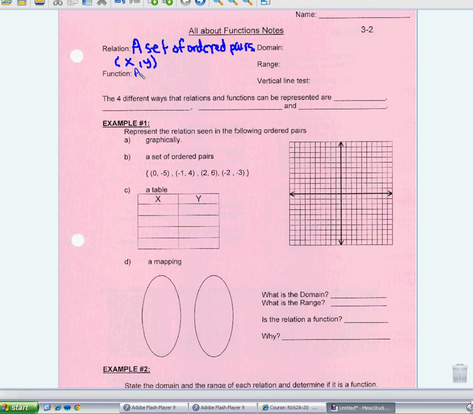It's a relation that has each x associated with exactly one y value.